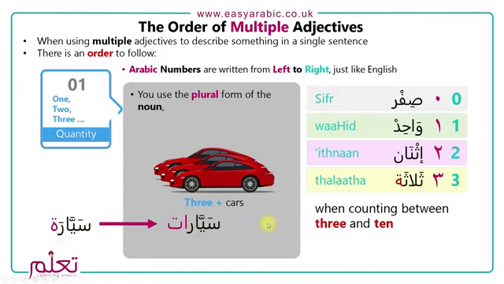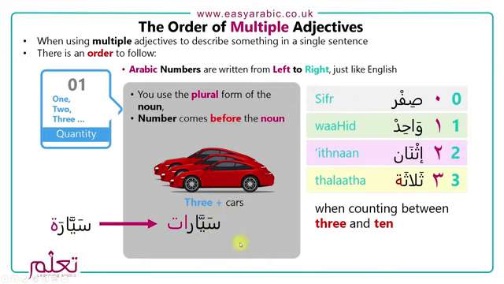Then the number comes before the plural noun. So number 1 comes after the noun, 2 we don't really use, and 3 to 10 the numbers come before the plural noun.